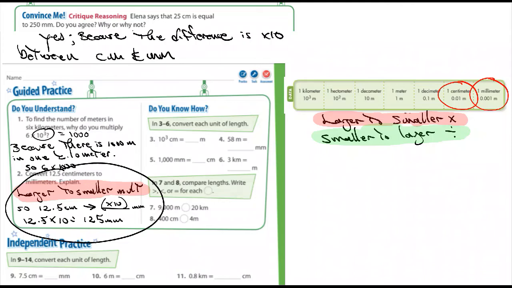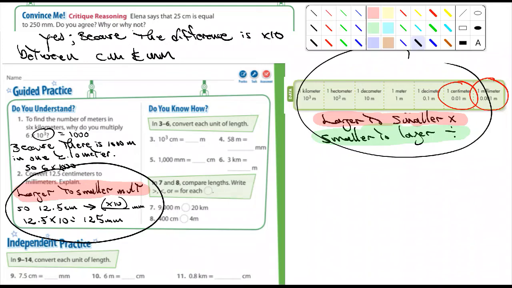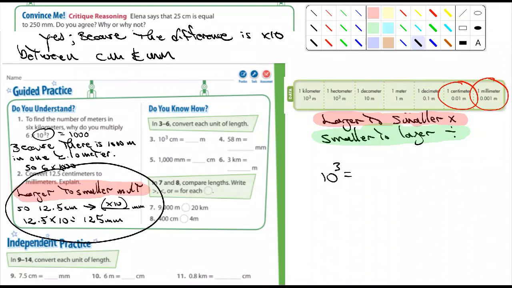Okay, let's look at number 3. And again, I moved this chart down here so you guys could look right at it. Or of course, you could just see it right in your book. Number 3, it says 10 to the third. What's that equal? 1,000.